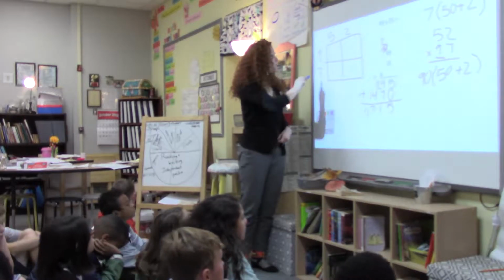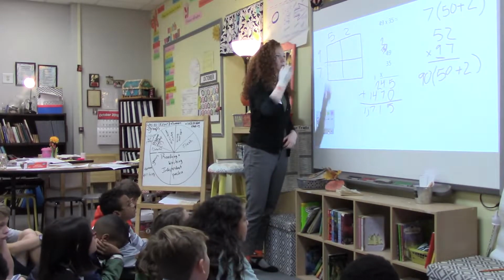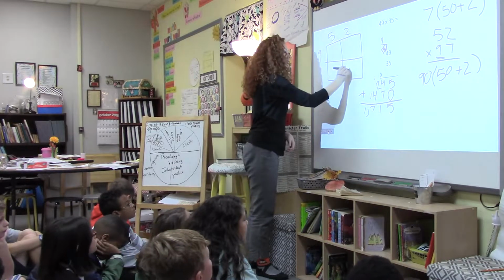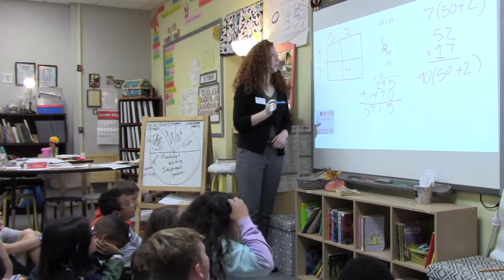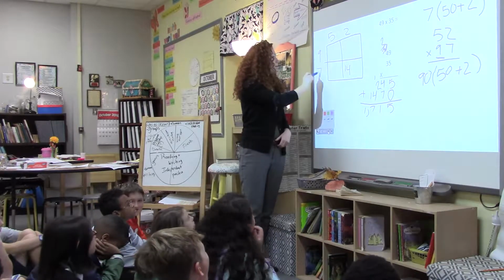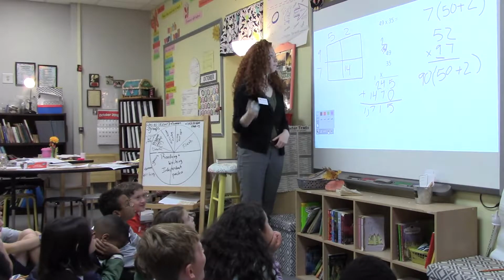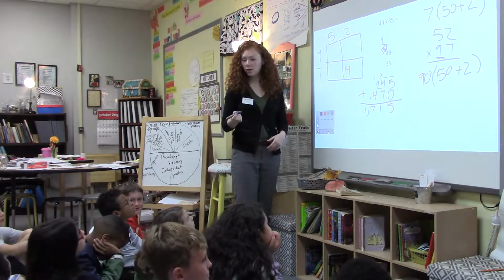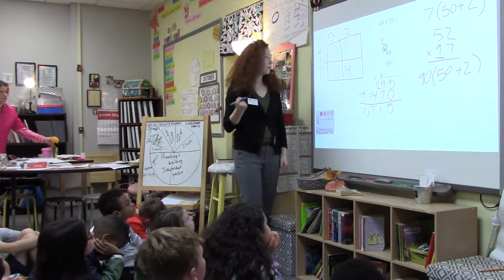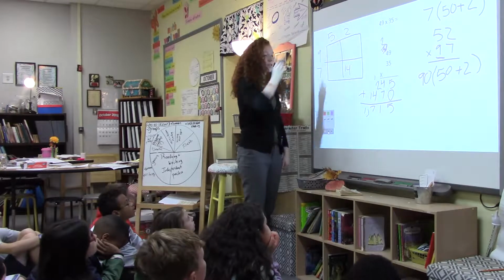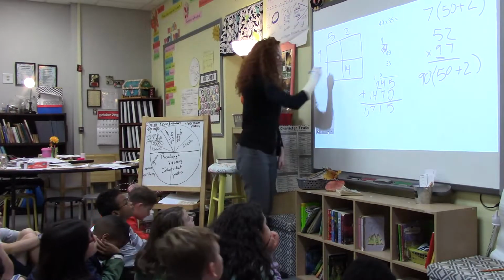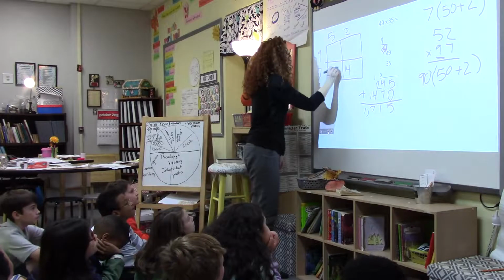So we would do 7 times 2, which is 14. And then we would do 7 times 5. It's actually a 50, right? So 7 times 50 is what? 350.